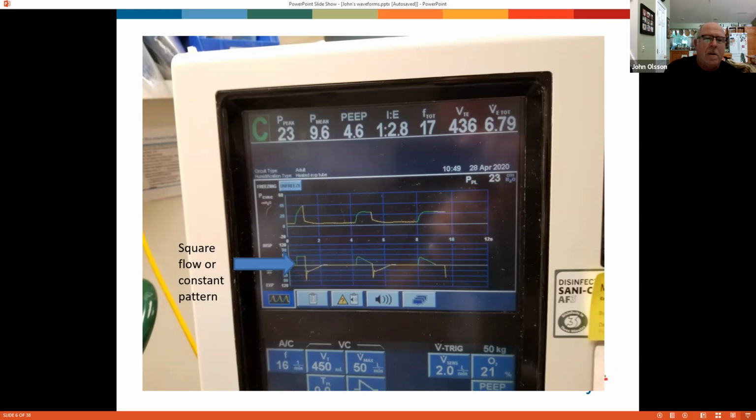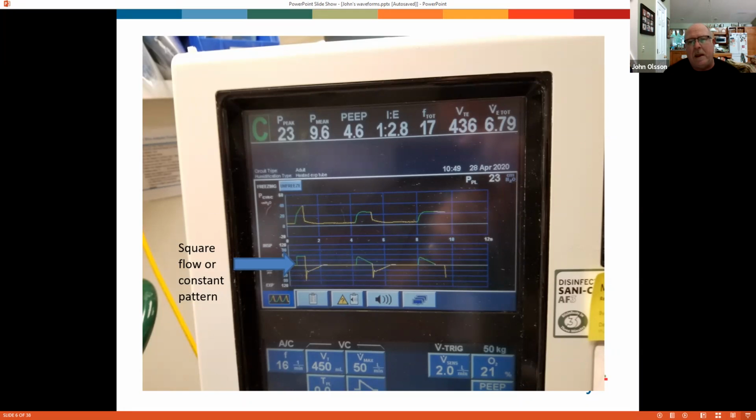And you can see right here, that's a square waveform for the flow, and it goes up, and like I said before, it gets up to the flow, keeps it until it delivers the volume and drops down. And up on top, that's what the pressure waveform looks like for that.